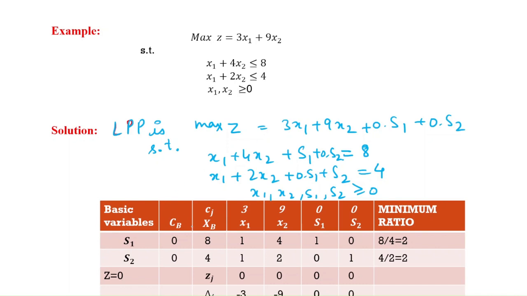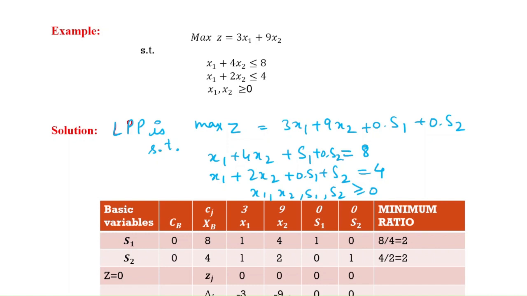The basic solution is s1 is equal to 8 and s2 is equal to 4, and I have written it here. The cost associated with them is 0. Now write down all the coefficients aij in this area. So z is coming out to be 0, 0 into 8 plus 0 into 4. Cj is mentioned above. Now when we calculate delta j, that is zj minus cj, we'll be getting this.